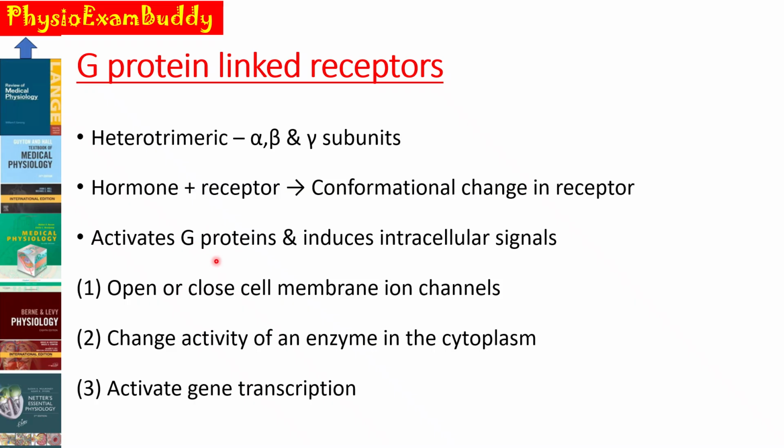This activation will induce certain intracellular signals, which can be either opening or closing of the cell membrane ion channels, or a change in the activity of an enzyme present in the cytoplasm, or it can also activate gene transcription. So these are the three modes by which the G protein linked receptors act.